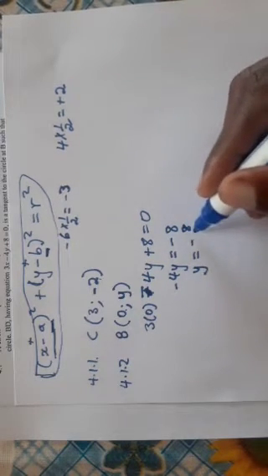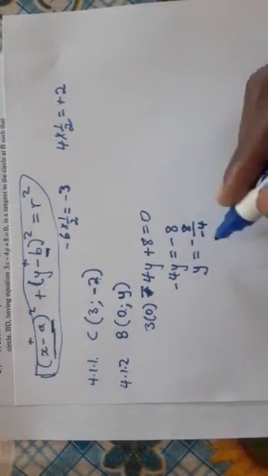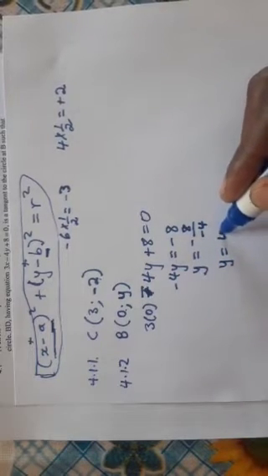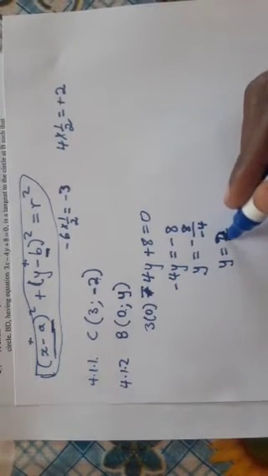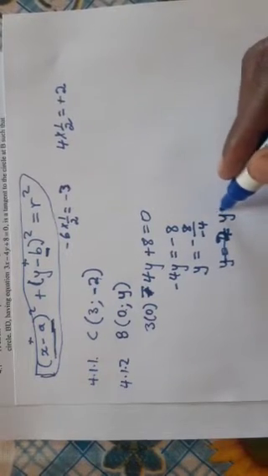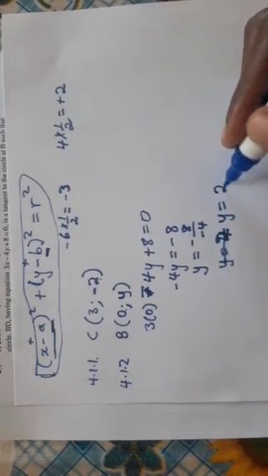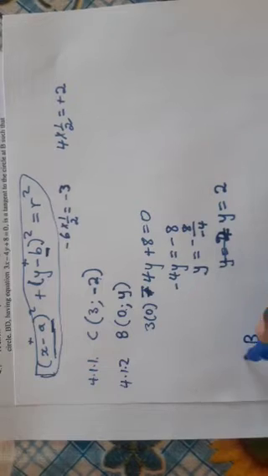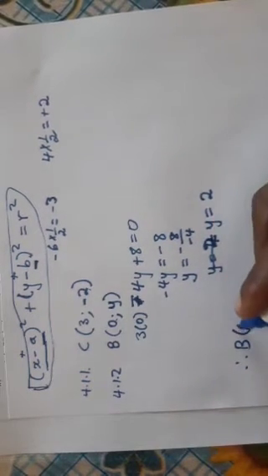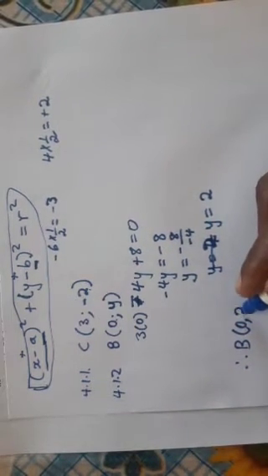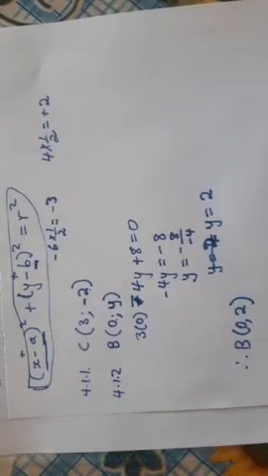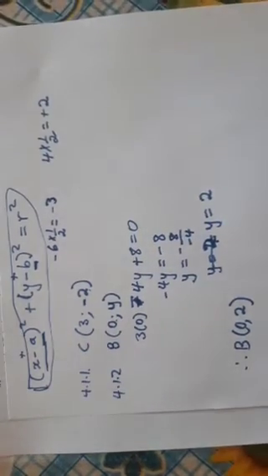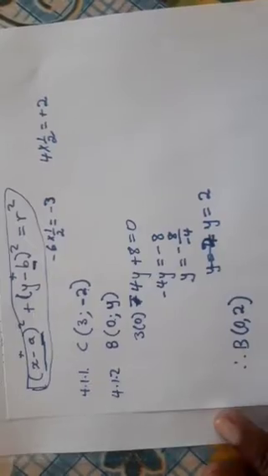It will be minus 8 divided by minus 4, so y will be 2. So y equals positive 2. Therefore the coordinates of B will be (0, 2). So that's how we get the coordinates of B.